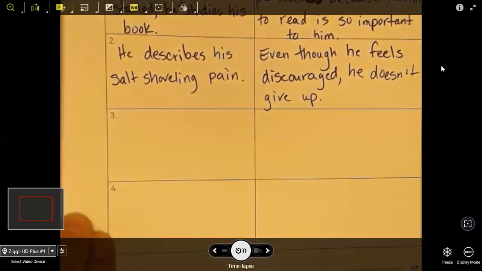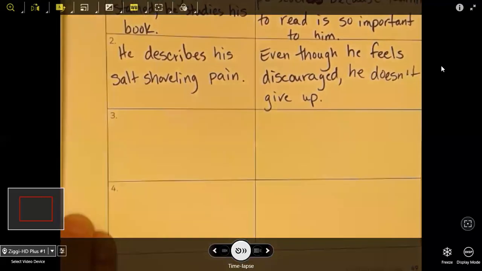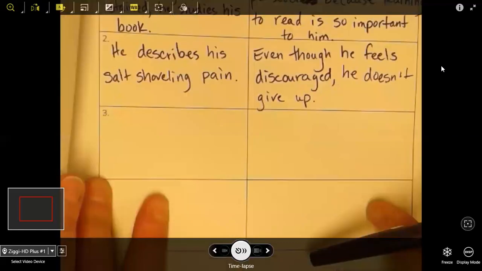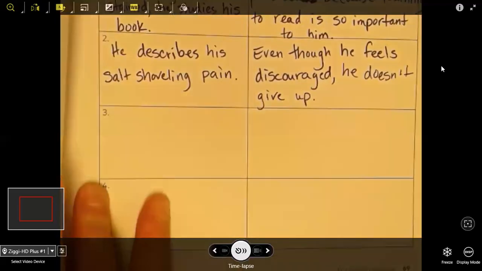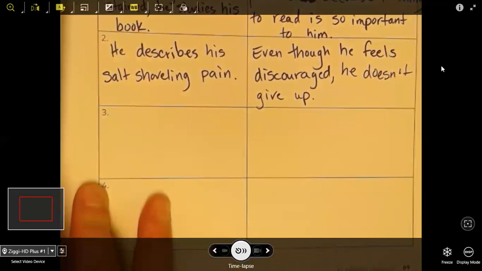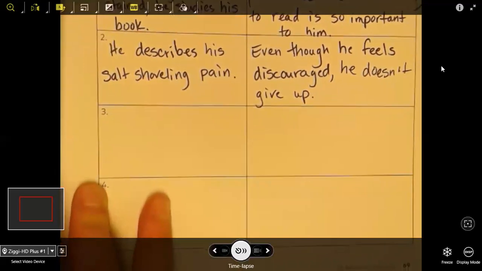How do we know that he thinks learning is worth it? There's a sentence. I know you're copying, so I can't go to the other side. But look on page 68, if you're finished, and see, where does it show how we know he's going to feel good when it happens?